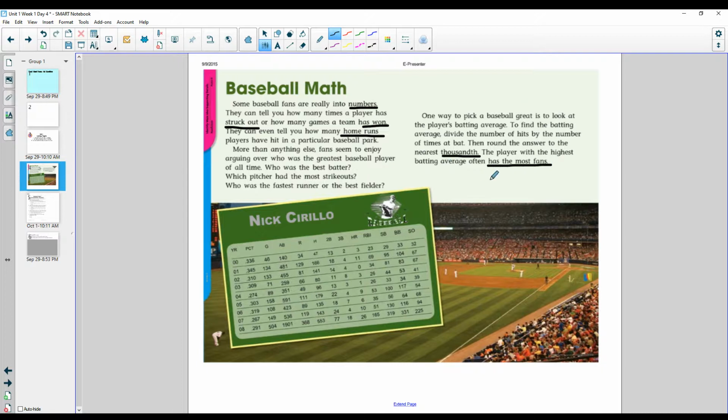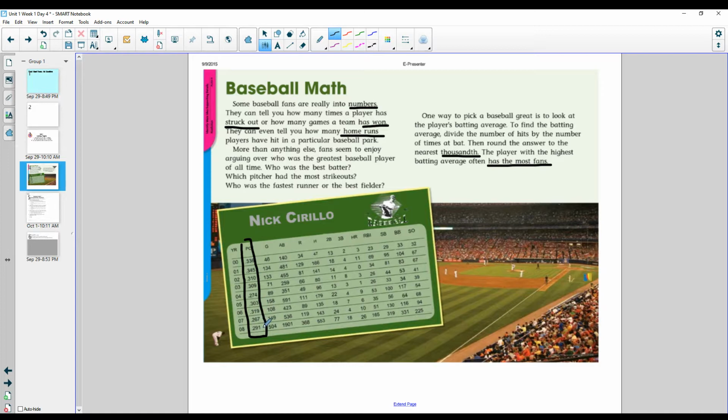Here, all of these are about numbers. They're really into these numbers. Here, all these are represented numbers. Batting average. That looks like right here because I know that when there's a decimal point and there's 3 numbers out there to the decimal point, this is the thousandths.